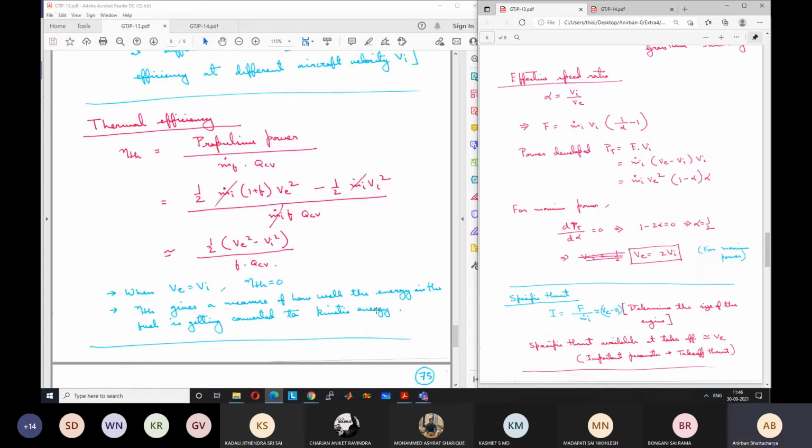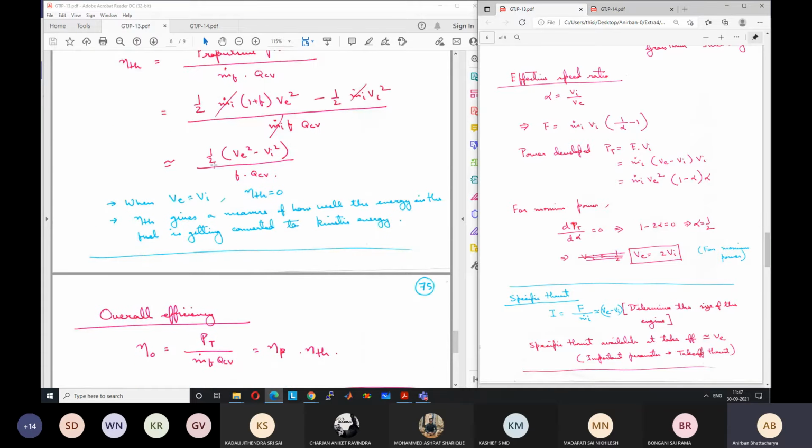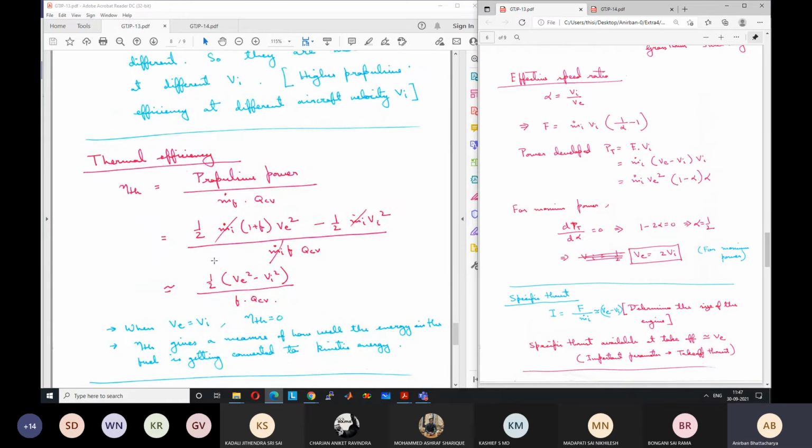So the overall efficiency of the engine is the product of the thermal efficiency and the propulsive efficiency. Why is it the case? There is a certain amount of energy in the fuel, which is equal to the calorific value into the mass flow rate of fuel. This energy is being used to generate propulsive power, which is equal to the increase in kinetic energy caused by the engine.